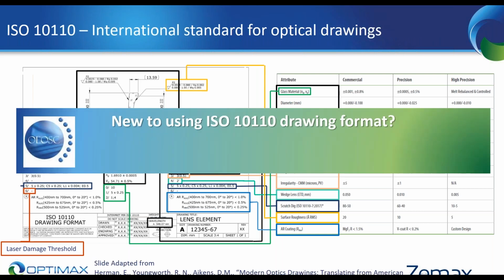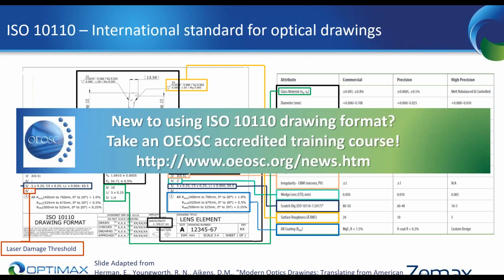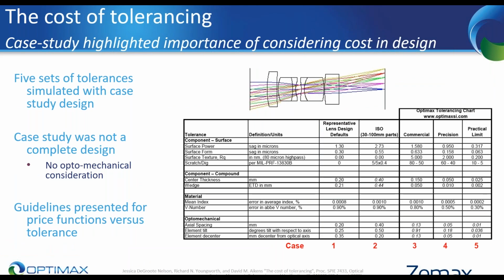We looked at representative lens design defaults, your ISO 10110 defaults, commercial precision and practical limit at the time. That's what our optical tolerancing chart was here at Optimax. And then we provided price functions versus tolerance, and took a look at how performance and cost play a role in the entire system, looking at this case study. And we still concluded that cost is important to consider in tolerancing.